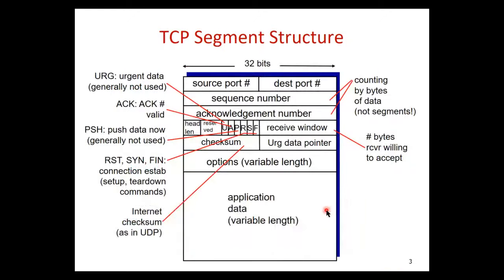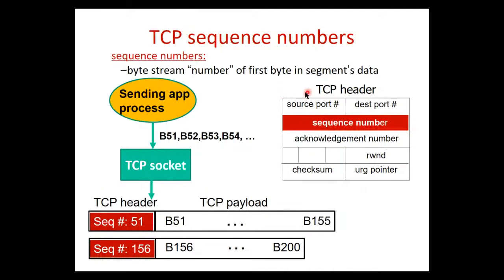Now let's look at the TCP sequence number. Remember, TCP provides a byte stream service. We have the application process that is sending to a TCP socket, and what it is sending is bytes: byte 51, 52, 53, 54, and so on.